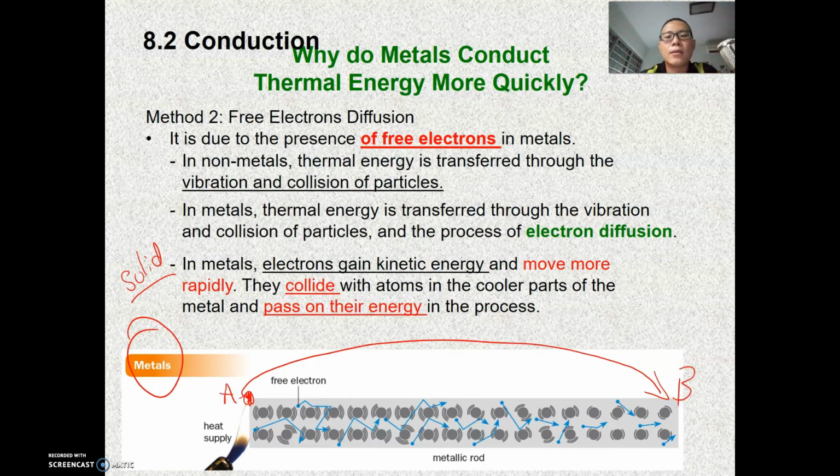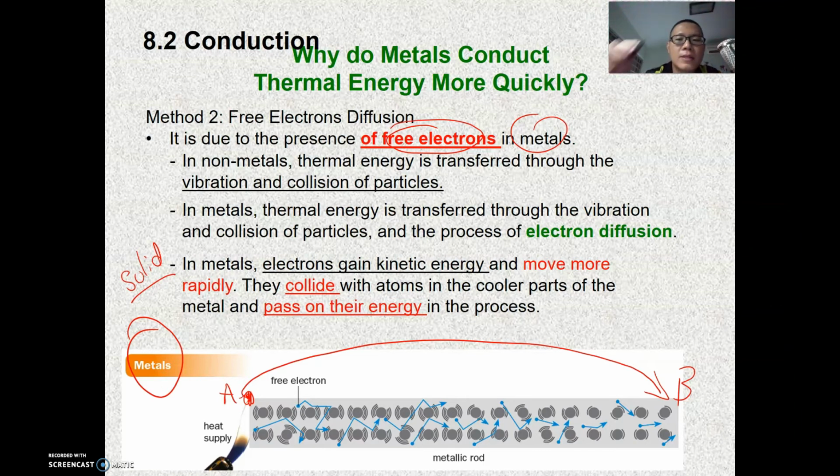In this case, you have molecular vibration happening in the background, but we are looking at the presence of free electrons, because in metals there are a lot of free electrons inside. So the same cycle will take place, but now within the free electrons.